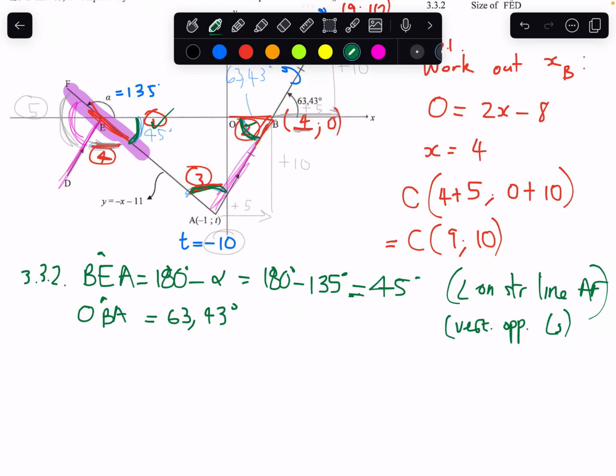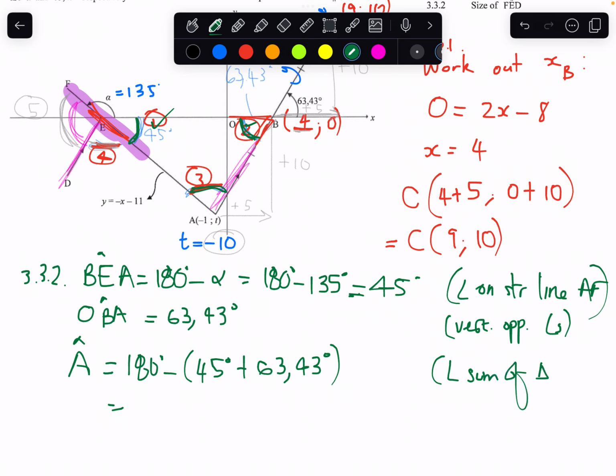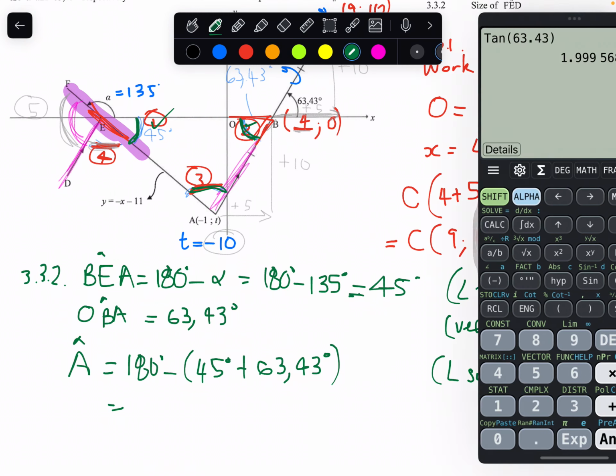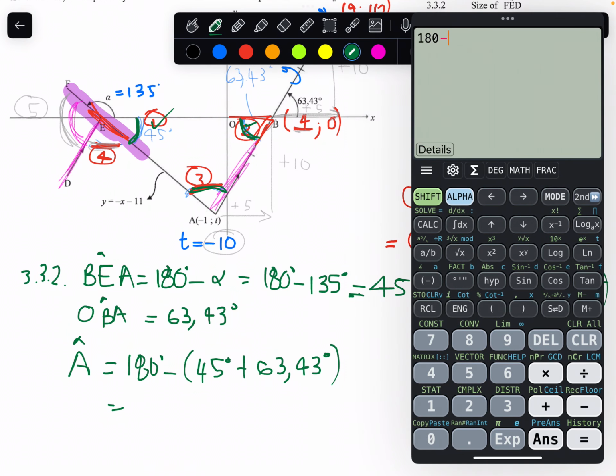Angle A is equal to 180 degrees minus (45 degrees plus 63.43 degrees), and that is because of the angle sum of triangle EBA. So that is 180 minus 45 and 63.43, which gives us 71.57 degrees.